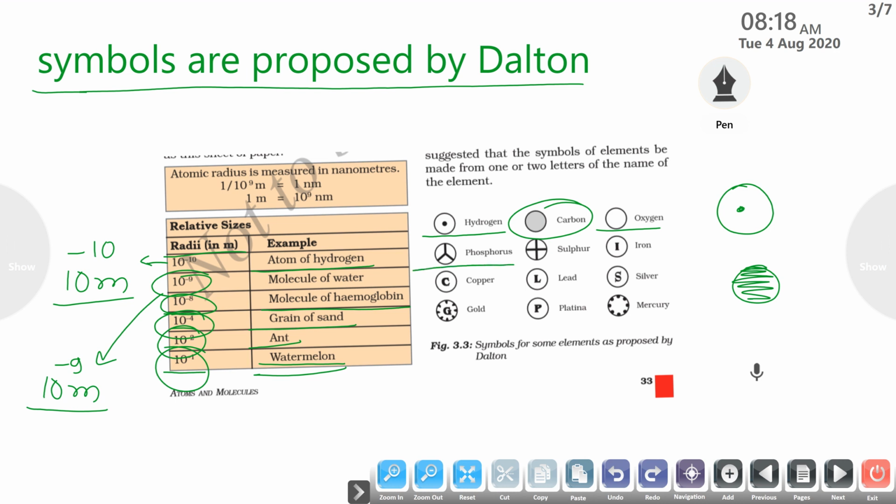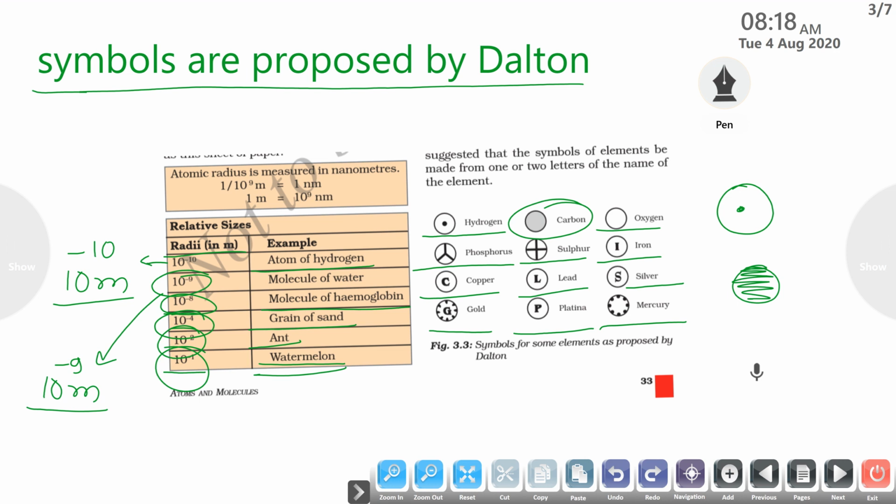Next phosphorus, plus symbol in the circle, sulfur, iron, copper, lead, silver, mercury, platina, gold. Okay, these are the symbols in the ancient years Dalton proposed to identify the elements very easily. So just observe the diagram here, symbols for some elements as proposed by Dalton.